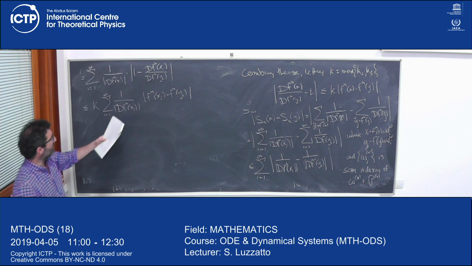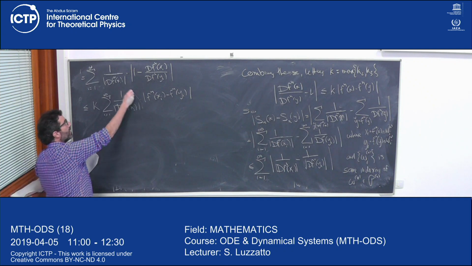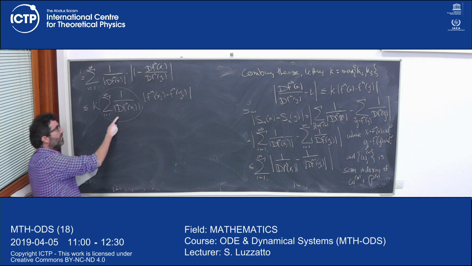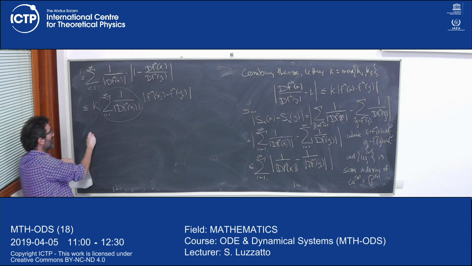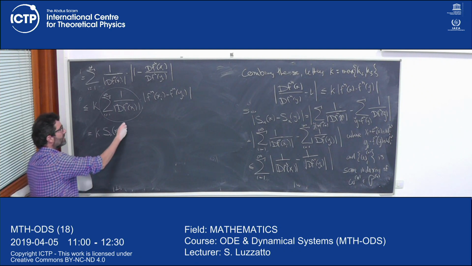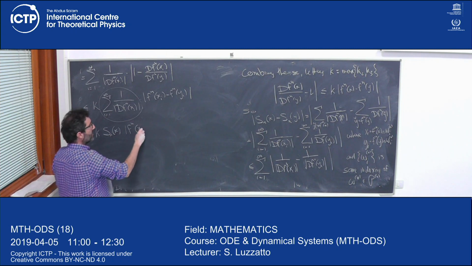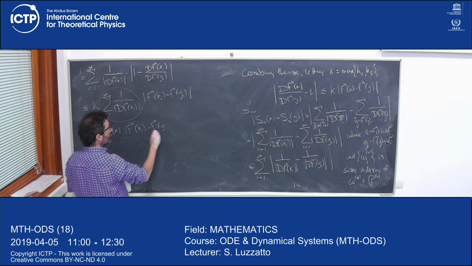And this here is exactly the sum over all the pre-images of x of 1 over the derivative of f^n.